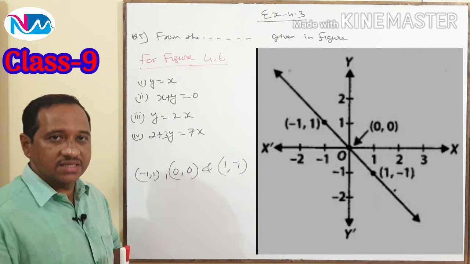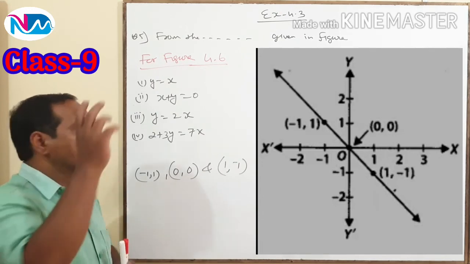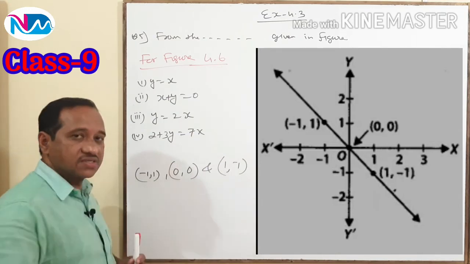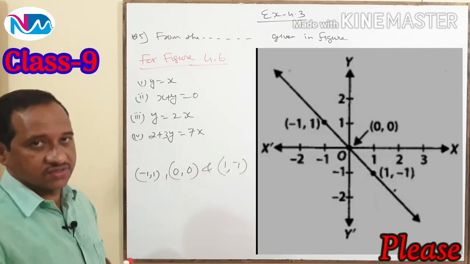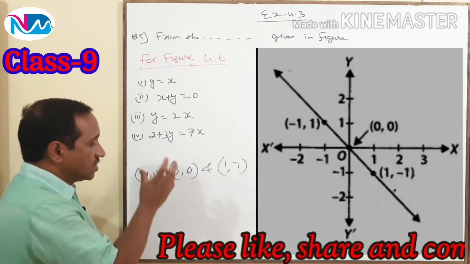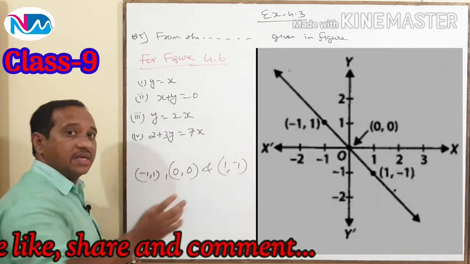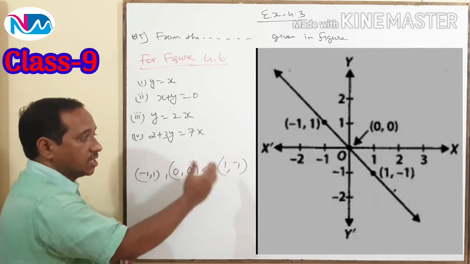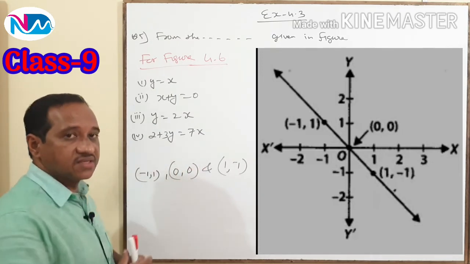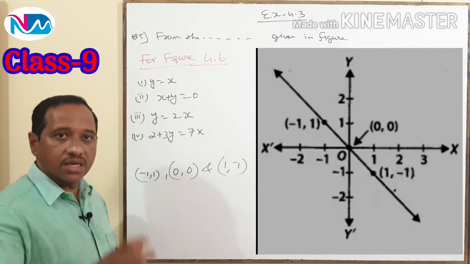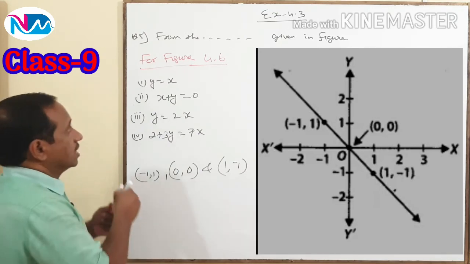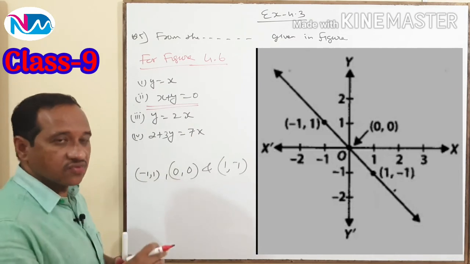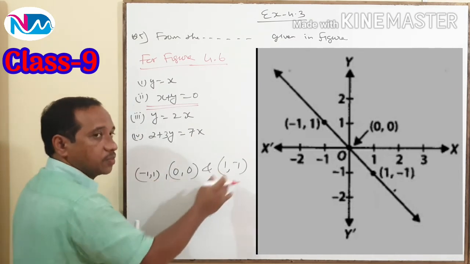To find that out, we have to see for which of these equations these 3 points are the solutions, or which equation is satisfied by the x values and y values of these 3 points. Here clearly you can see that x plus y is equal to 0 is satisfied by all the 3 points.